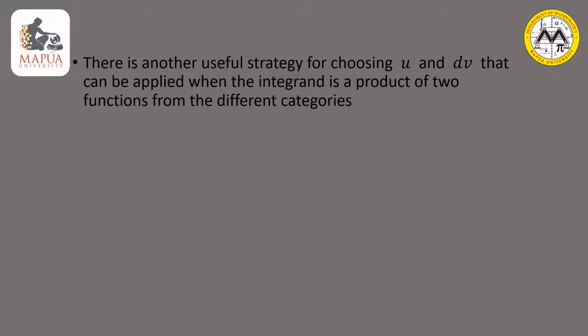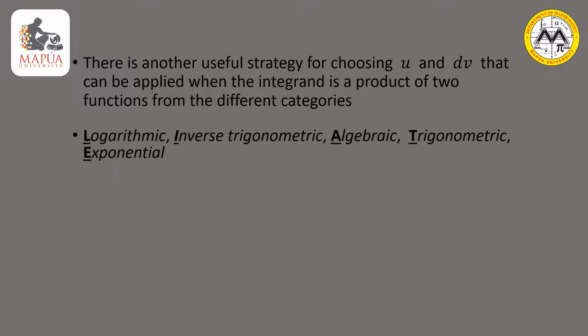It will help us to know the order of priority of functions to be assigned u, as given here. The logarithmic function has priority over the inverse trigonometric function. The inverse trigonometric function has priority over the algebraic function, and the algebraic function has priority over the trigonometric function.